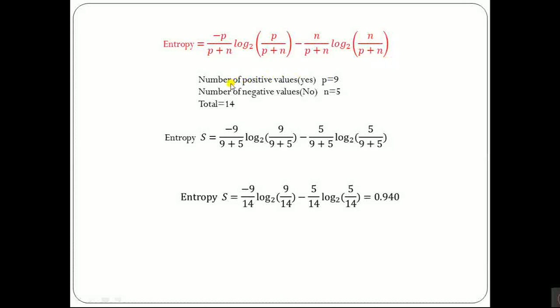Here in the table, the number of positive values is 9, negative values is 5, and the total is 14. Applying all the values in this formula: minus 9 divided by 9 plus 5, log 2 of 9 divided by 9 plus 5, minus 5 divided by 9 plus 5, log 2 of 5 divided by 9 plus 5. If I calculate, I will get entropy 0.940 for this table.